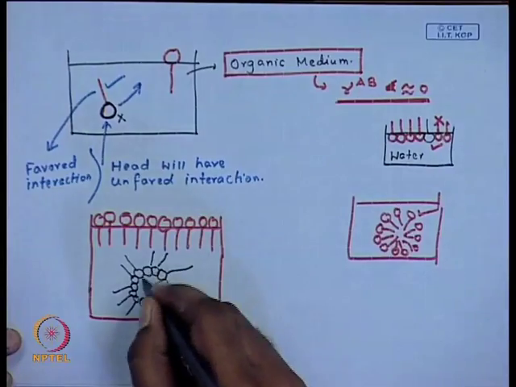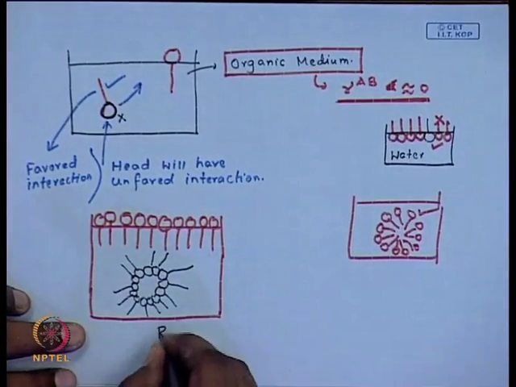In comparison to a regular micelle, where the outside surface was entirely decorated by the head group, what you see here is that outside you have the tails, and the head groups, which are hydrophilic or not having a favored interaction with the organic medium, are hidden inside. So, this is what is called a reverse micelle.